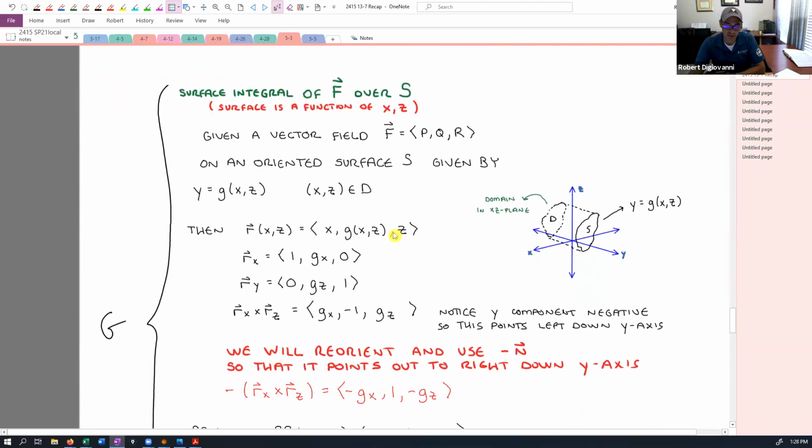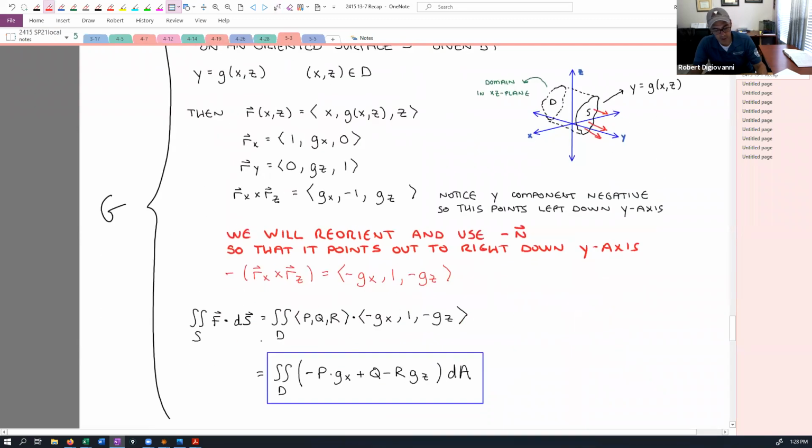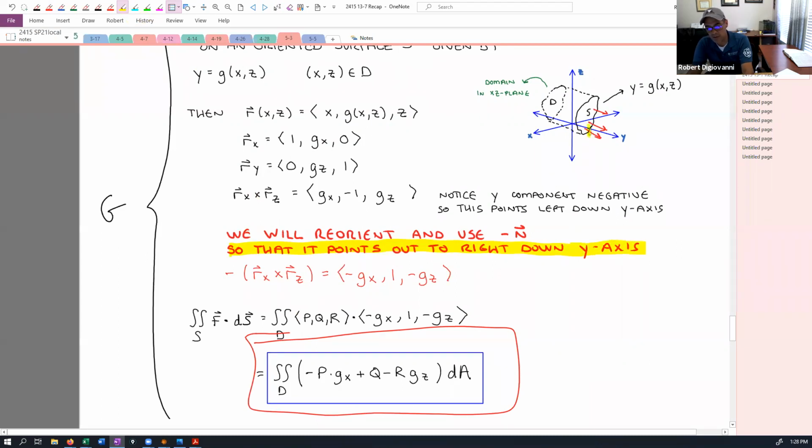The next special case is if our surface is y as a function of x and z like this, again with the normals pointing down the y-axis like this, then the formula becomes this right here. So that's the direction of the normals.